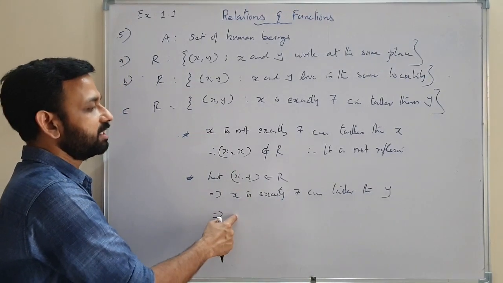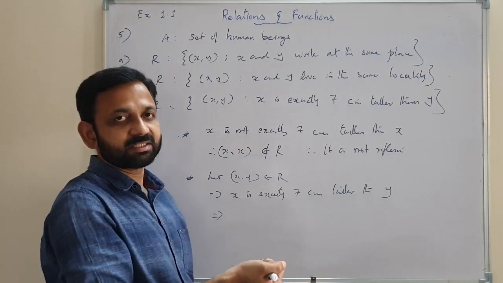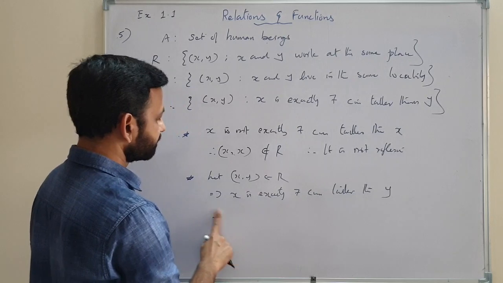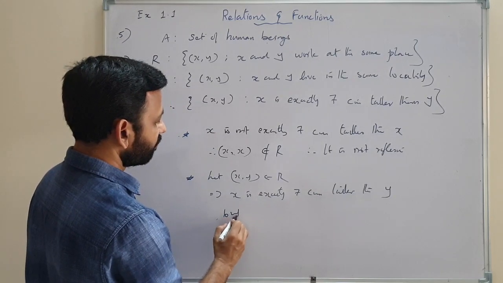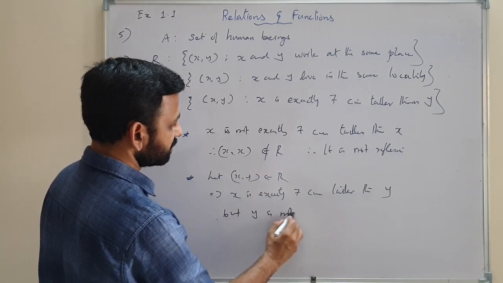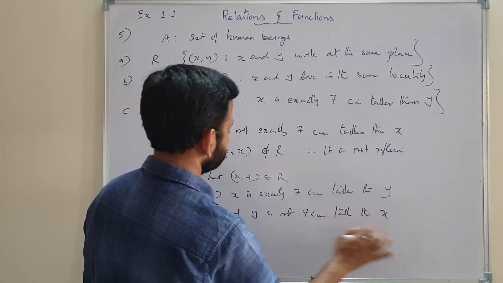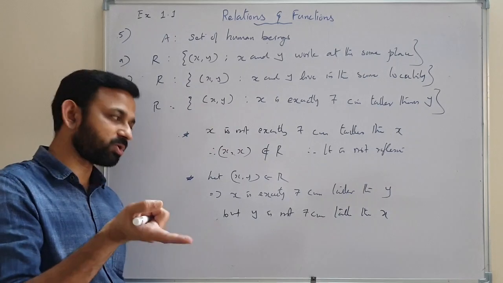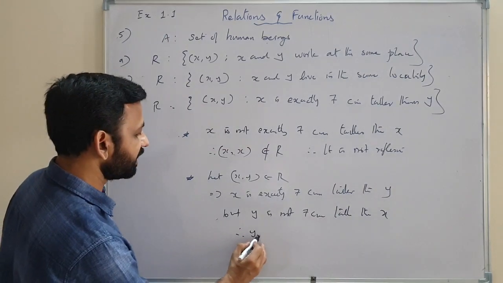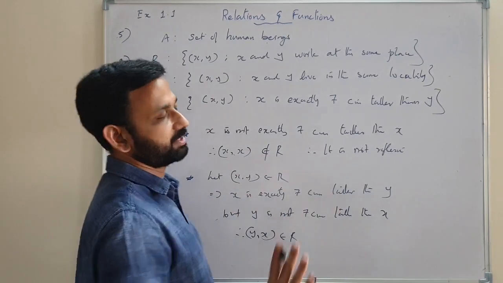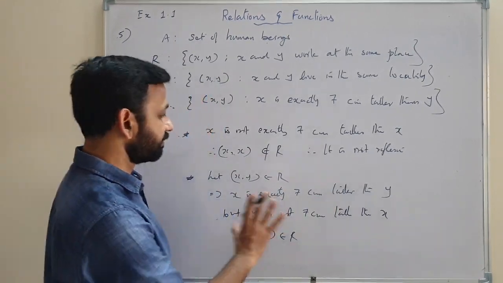Y is actually 7 centimeter shorter than x. Therefore, (y, x) does not belong to R. Therefore, it is not symmetric.